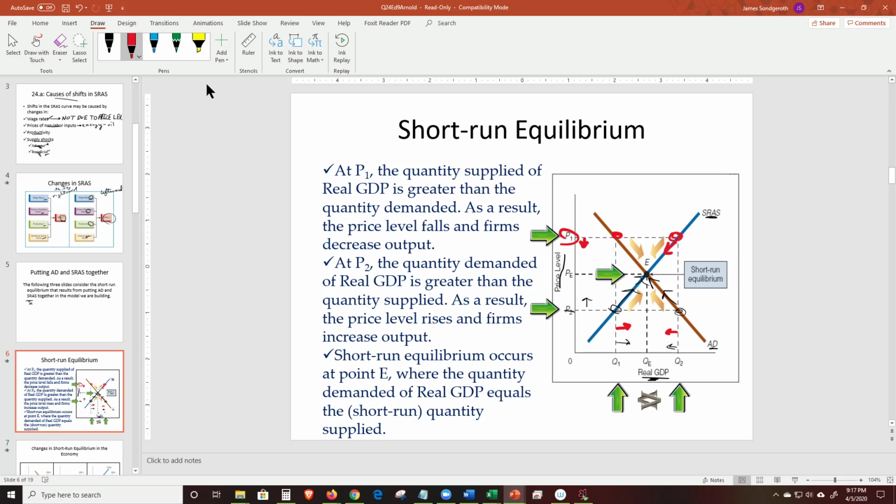Consumers will buy more, and so we're moving down this way. And as long as there's a surplus, that will continue until we move back to equilibrium. So the equilibrium story is pretty much the same here as it was for micro. It's just we're dealing with short-run aggregate supply and aggregate demand instead of supply and demand.